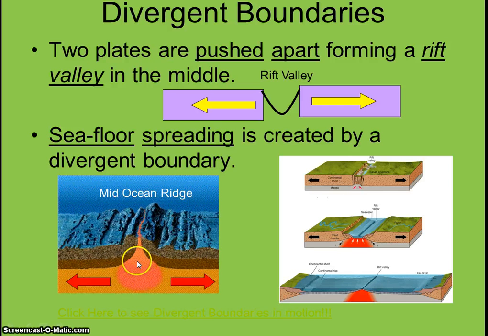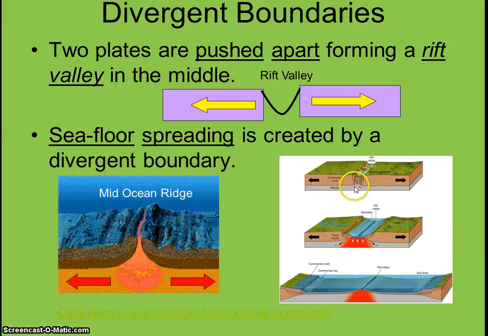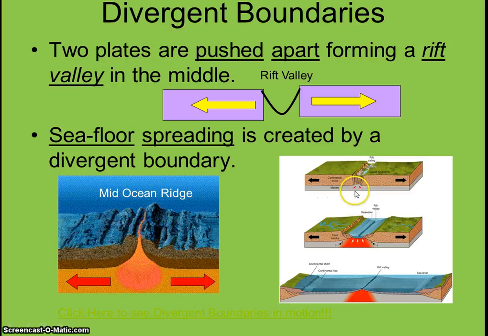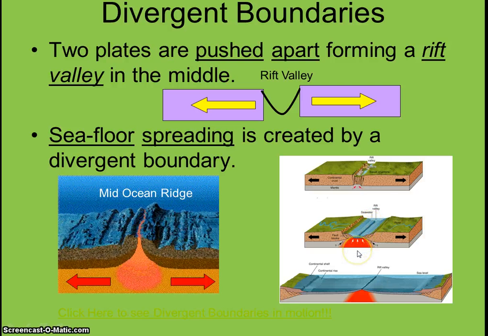So this is what happens in the ocean floor. If this happens on land, over here to the right, you will have a sinking in valley. Then if that moves to the edge of a continent and starts filling in with water, as it did in Pangea, you end up with a new ocean basin.